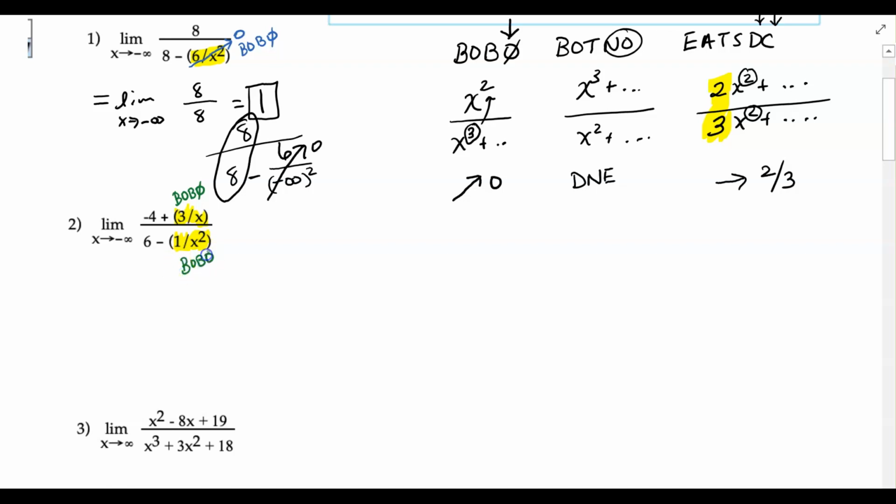If you're looking at those little things in isolation, it's the same thing. So what ends up happening, this goes to 0, this goes to 0.